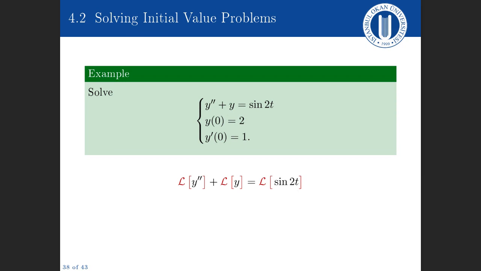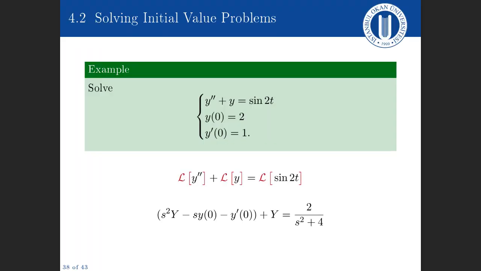We use the formulae for the Laplace transform of sine 2t and for the Laplace transform of y double prime. That's the same as s squared capital Y minus sy of 0 minus y prime of 0 plus capital Y is equal to 2 over s squared plus 4.